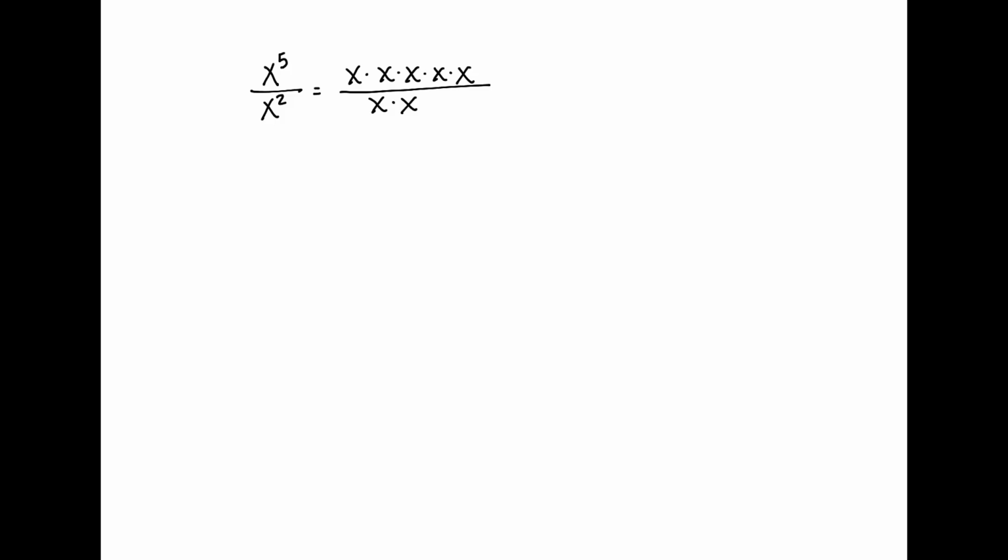Okay? Anytime you have something on the top and something on the bottom that are identical, they cancel. So we can get rid of this x and this x, and we're left with those. So the answer is x cubed.